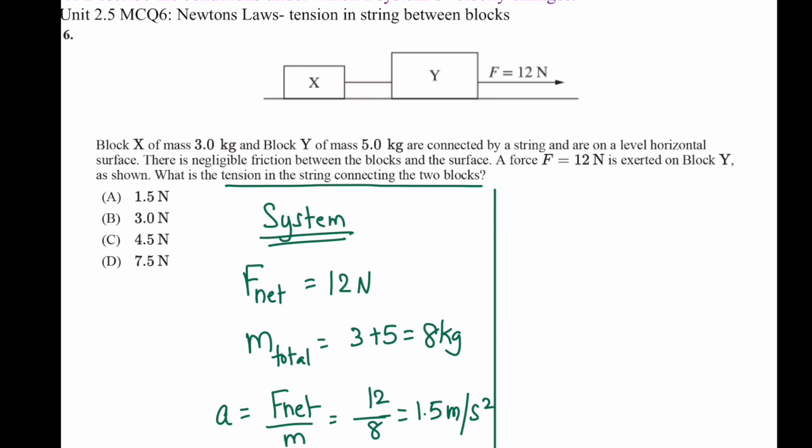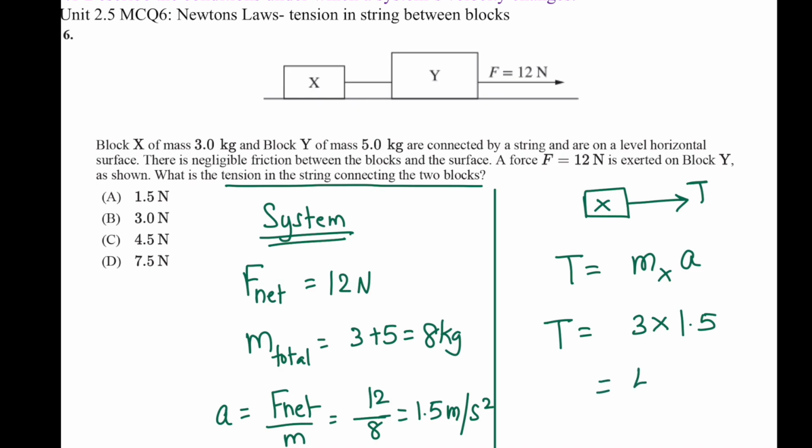If I draw the free body diagram for X, the only force acting on it is the tension force. There is no friction between the block and the ground. So I can write T equals mass of X multiplied by acceleration. So T will be equal to the mass of X, which is 3, times the acceleration, 1.5, which gives the answer as 4.5 Newton. So that's our answer here.